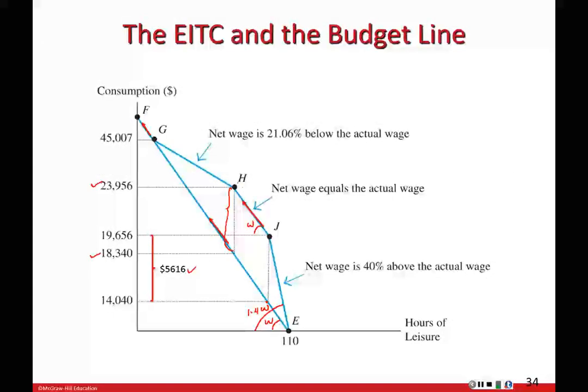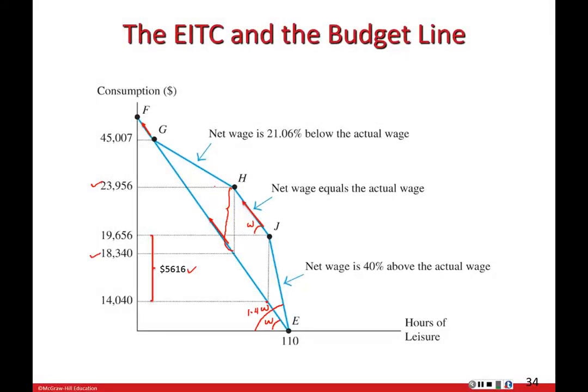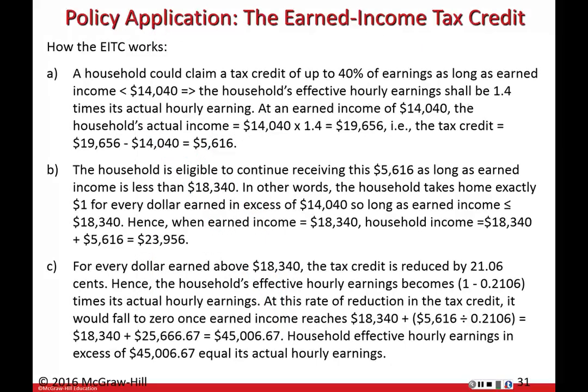So in this range here, you see this slope is going to be W times 1 minus 0.2106.